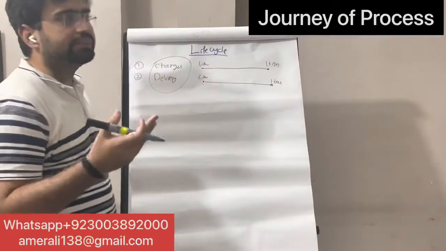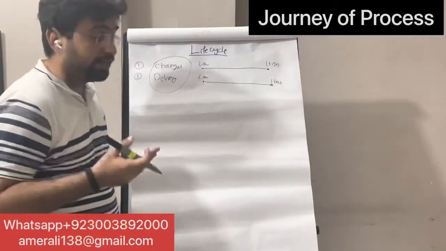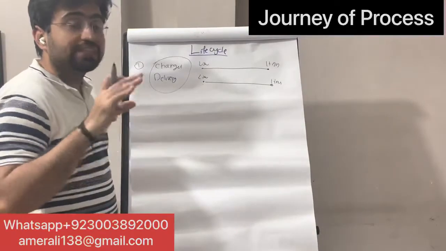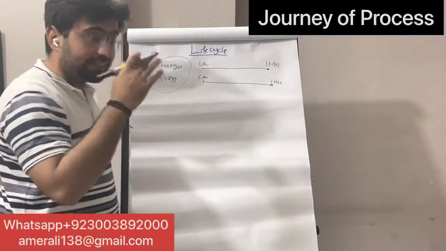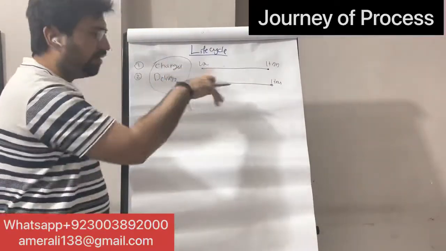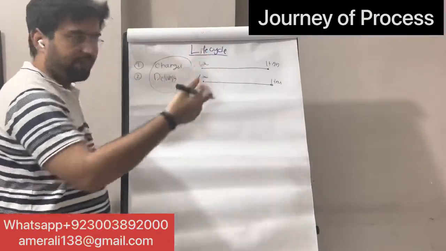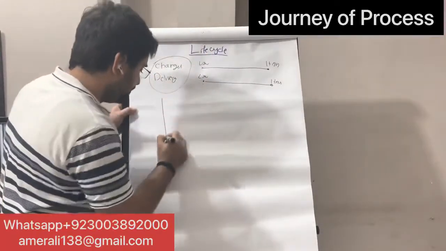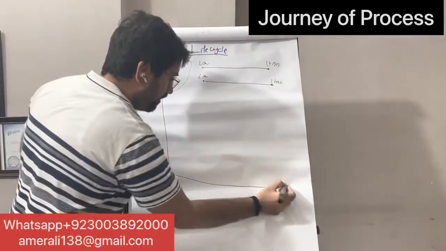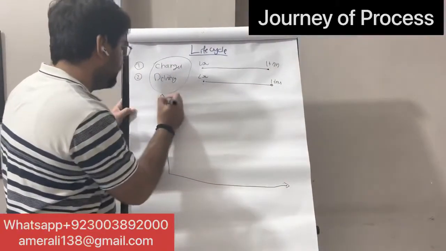PMI, in the ATP material and even in the Agile guide, uses the Stacey diagram to explain this. So I'm going to use a graph with the things I have extracted from the Stacey diagram in my own words. See if it works for you and if you understand which life cycle to use, when to use.